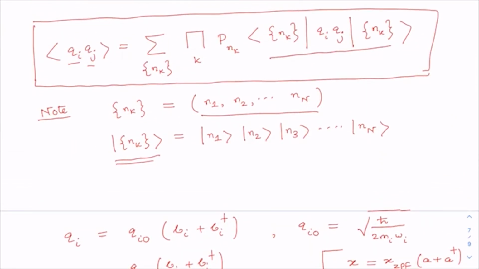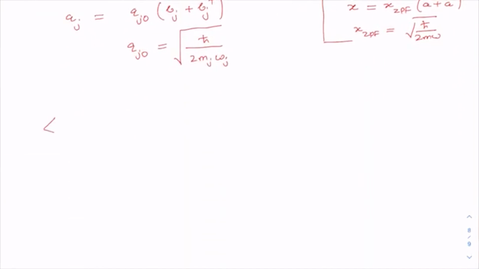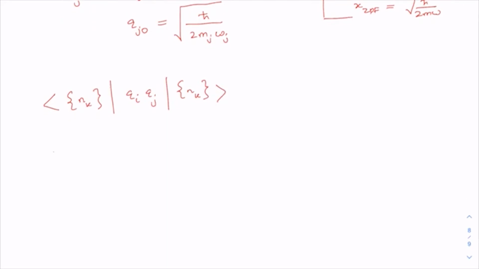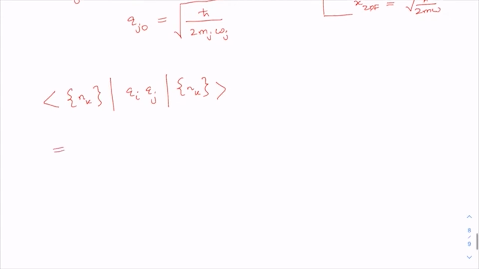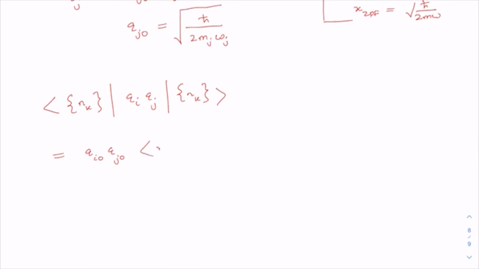All right, now we have to calculate this particular quantity. First of all, let us calculate this bracketed bra of the number states, q_i q_j, and the ket. Basically we are calculating the scalar product for the product of these operators q_i q_j. If I put q_i q_j, I have q_i0 q_j0, and the bra n1 n2 up to n_N, the direct product in shortened notation.